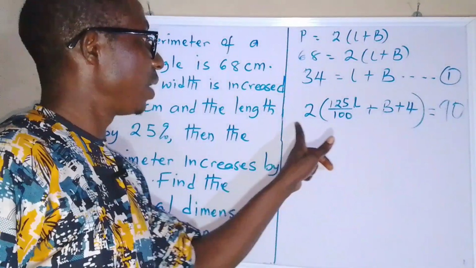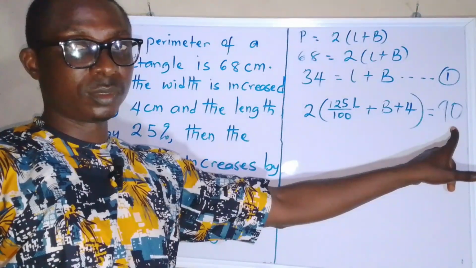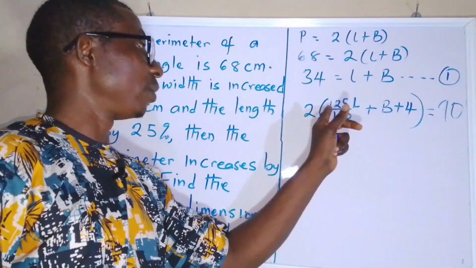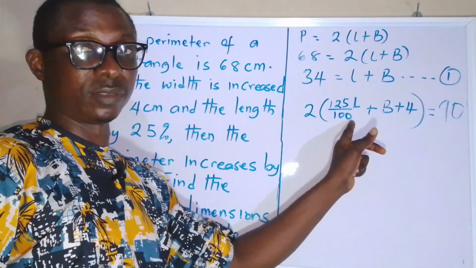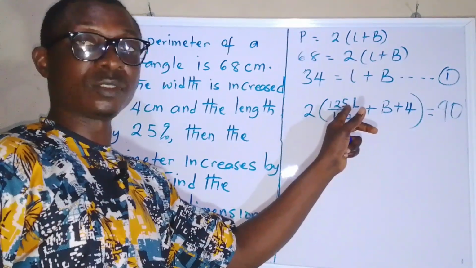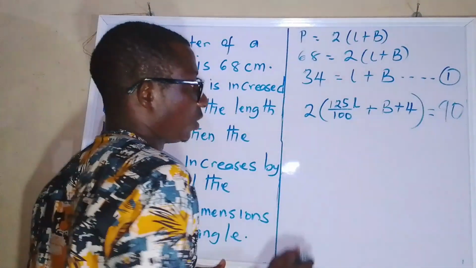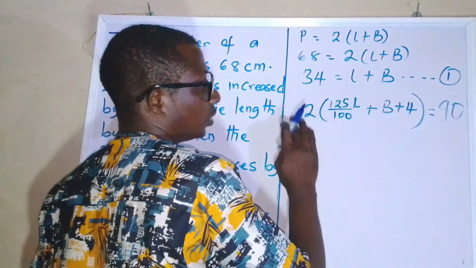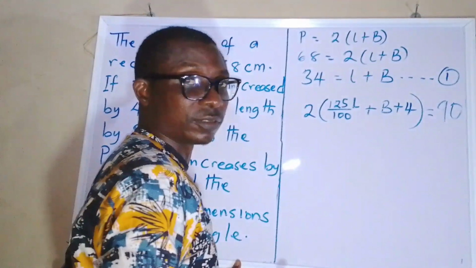Alright, so from here you can divide both sides by 2. While doing that, you can also simplify this. 25 goes in 100, that's 4. 25 goes in 125, that is 5. So when you divide this by 2, this disappears. Divide this by 2, you have 45.